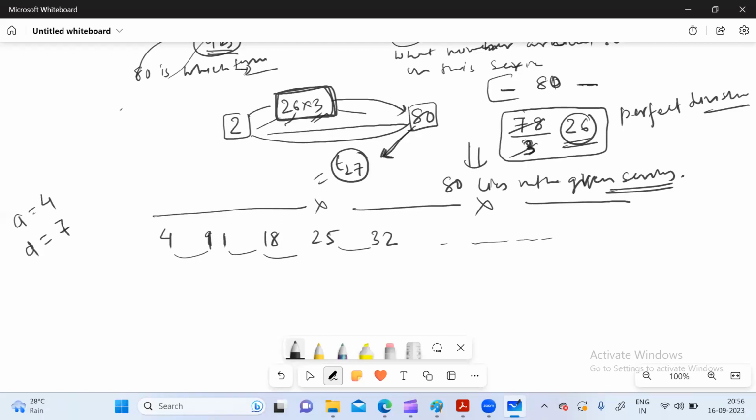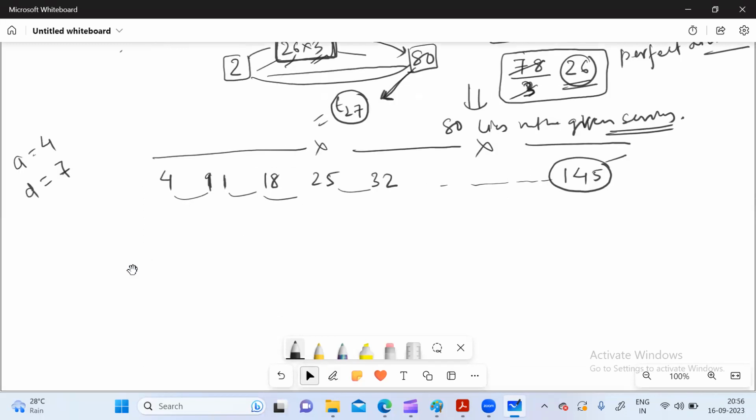Now, if I ask you whether 145 lies on this series or not, and if not, then which numbers lie on this series before and after 145.